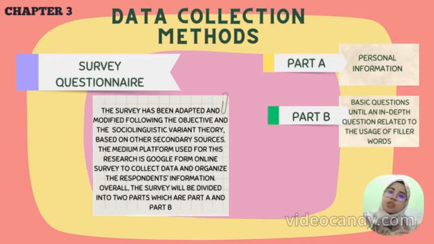And for part B, we include basic questions up to in-depth questions related to the usage of filler words among girls. For this Google Form, we also invite male students to answer the form in order to look from their point of view and also from the girls' point of view about the usage of filler words, and also their opinion on filler words usage among girls in the sociolinguistic context regarding the setting, which is UPTM students.